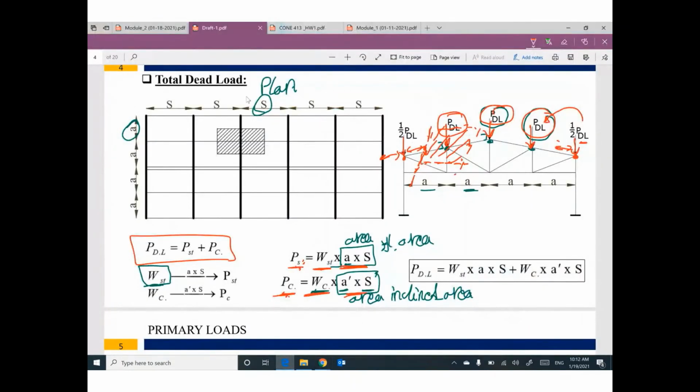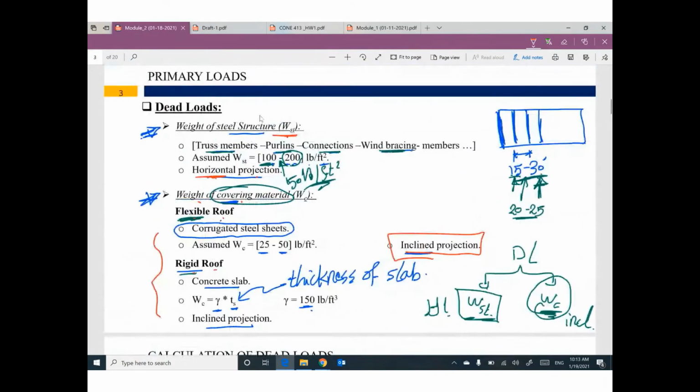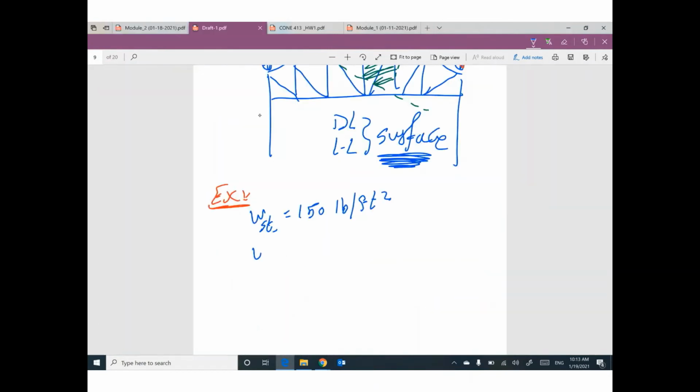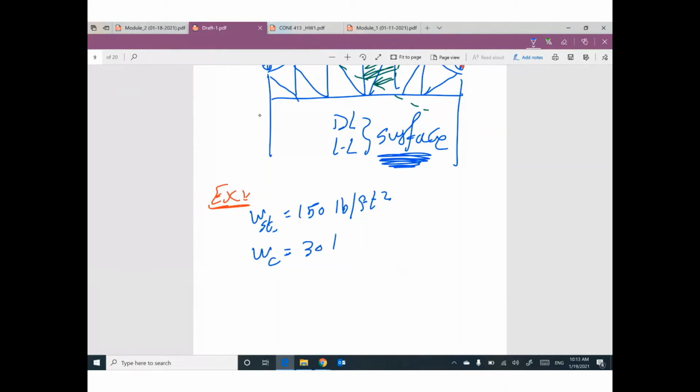It's very simple. For example, I will assume W structure something about 150 pounds per square feet, something in this range. And W covering, it's a corrugated sheet without concrete, so I'm going to assume something around 30 pounds per square feet.